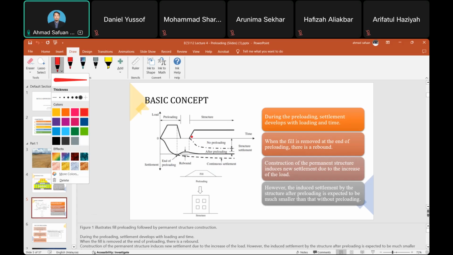Because the structure load is less than the previous loading applied on the soil, the process of settlement still occurs, but it doesn't reach the maximum consolidation.